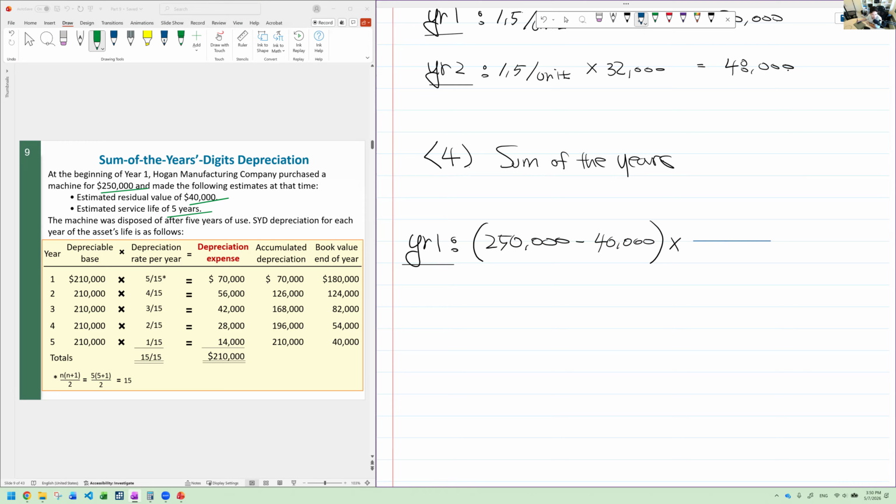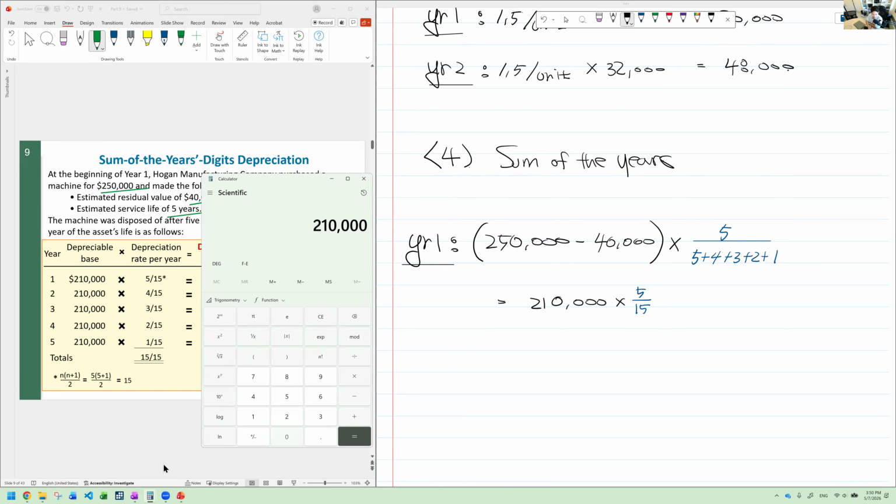First year, this is a 5-year service life asset, so in the numerator, we're going to put down 5. And in the denominator, we do 5 plus 4 plus 3 plus 2 plus 1. So this is how you do the ratio for year one. That means we have $210,000, multiply this by 5 over 15.